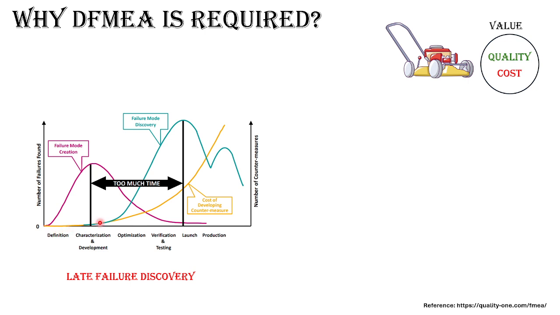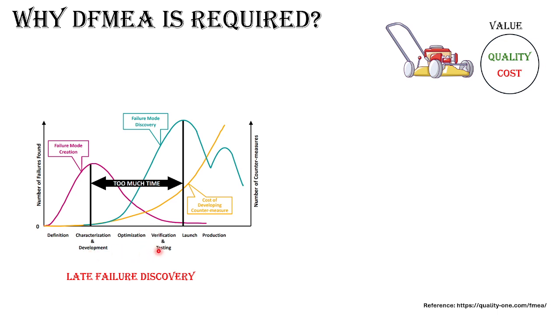So you have to first come up with the concept design, and then you have to characterize and go through the development procedure, where you come up with a number of design options. From those, you have to optimize which designs you should go ahead and start prototyping.